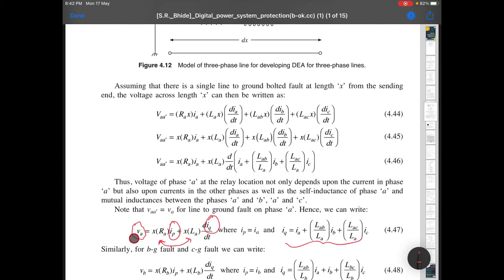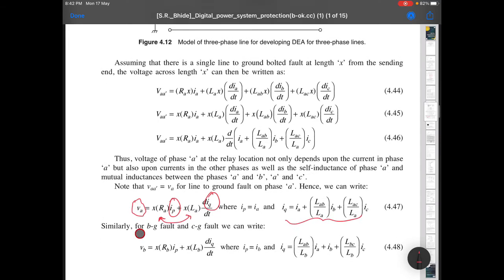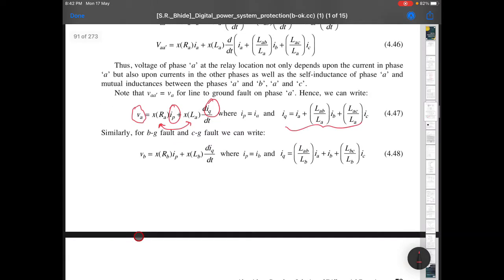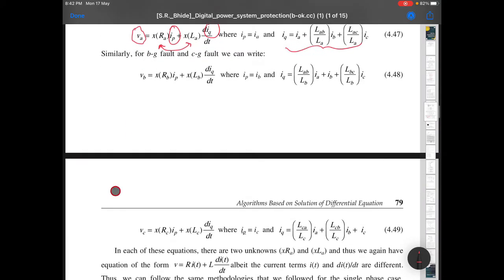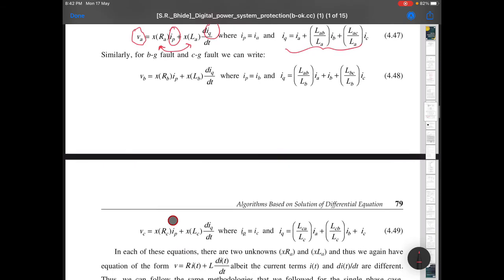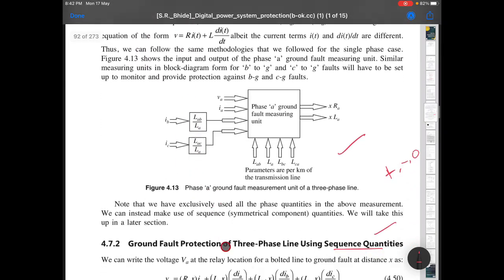Ground means that is voltage A with respect to ground, because here the ground fault would have occurred. We'll have to keep that in mind, and what the actual outcome of this was. Similarly for different phases VA, VB and VC we had seen.